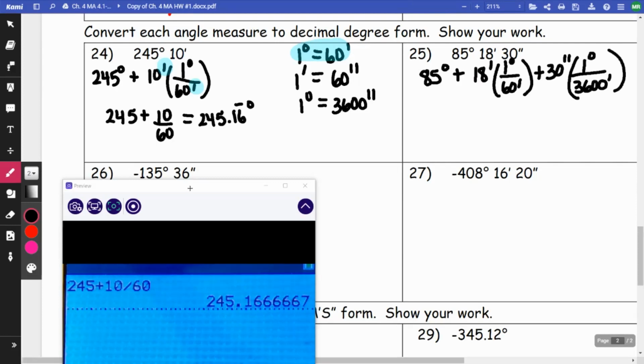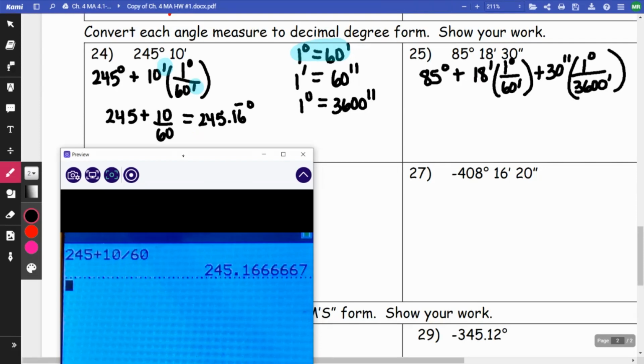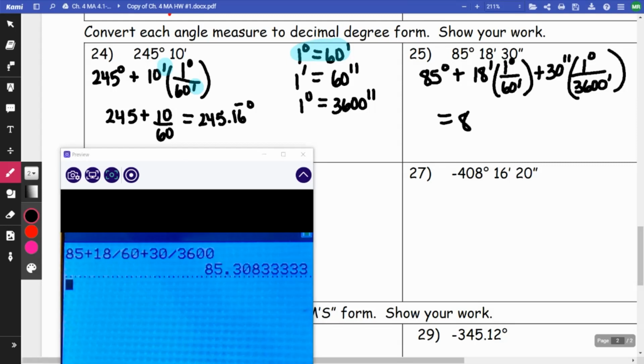Now I'm going to type into my calculator 85 plus 18 divided by 60 plus 30 divided by 3600. And that is going to give me 85.3083 repeating degrees.